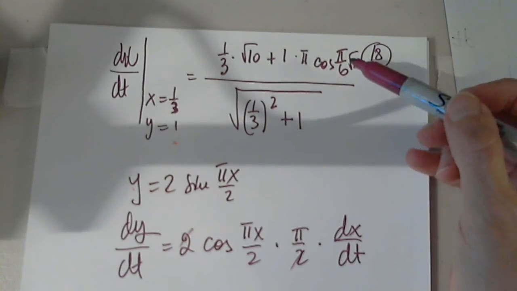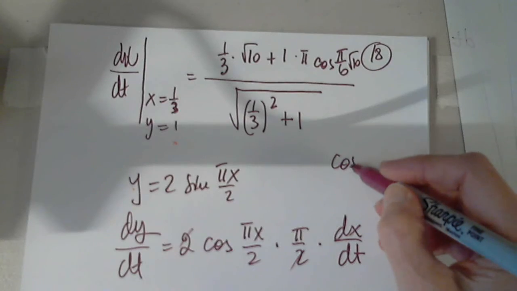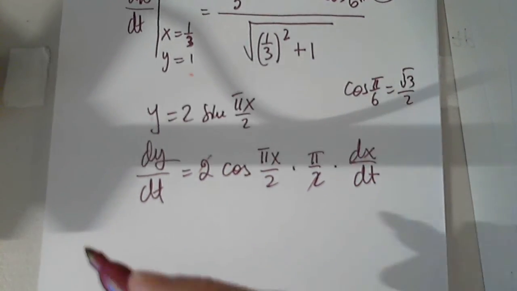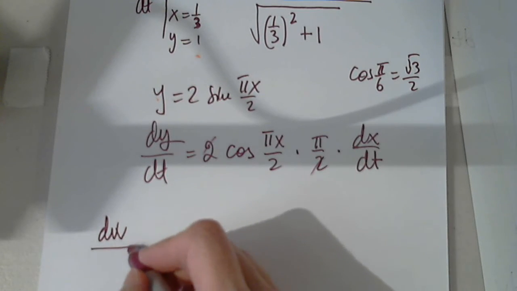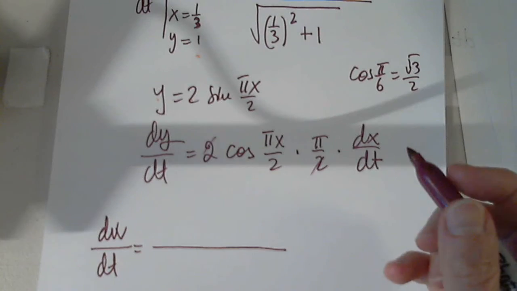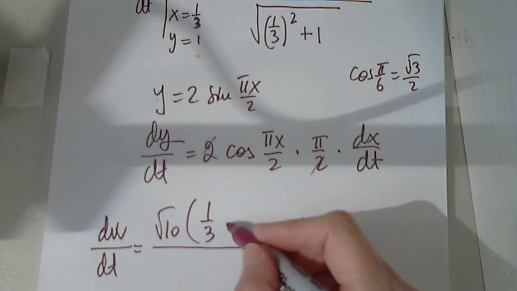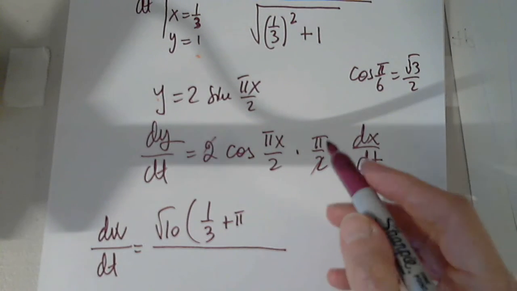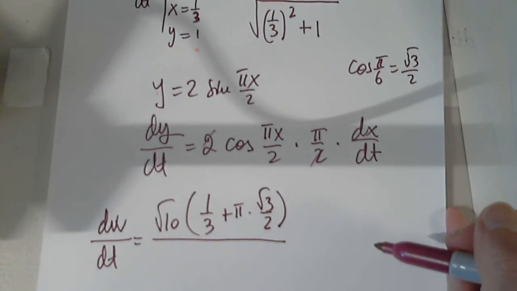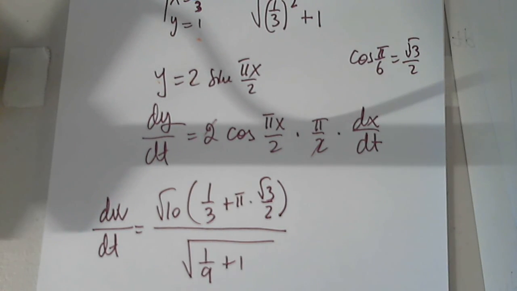Okay, so I will rewrite it again, because cosine pi over 6 is the square root of 3 over 2. So the whole thing now, one more time, dw over dt will equal, I can take the square root of 10 outside for now, 1 over 3 plus pi times the square root of 3 over 2, and over that whole thing, the square root of 1/9 plus 1.